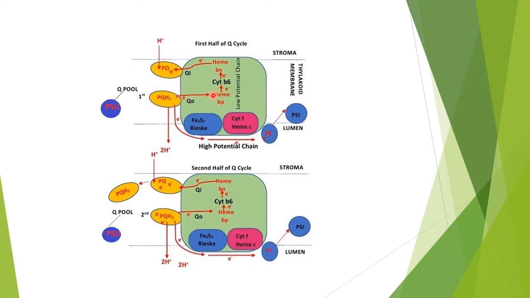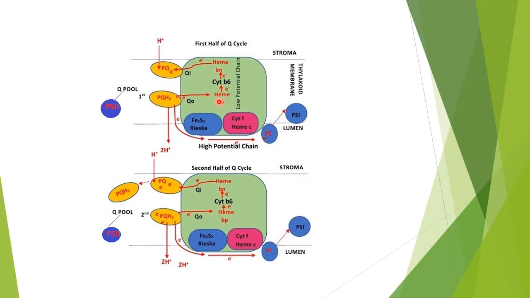One electron will move in this direction from BP to BN. Another will pass through a linear chain, through the iron sulfur protein, then to cytochrome F, and then it will be taken by PC, plastocyanin, to be transferred to pigment system first.